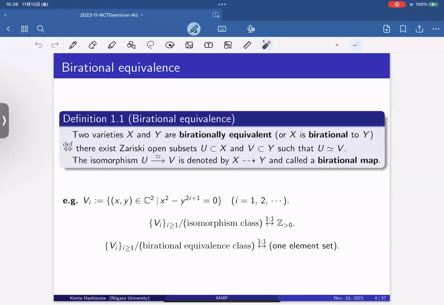So the number of birational equivalence classes is drastically smaller than the number of isomorphism classes of varieties.